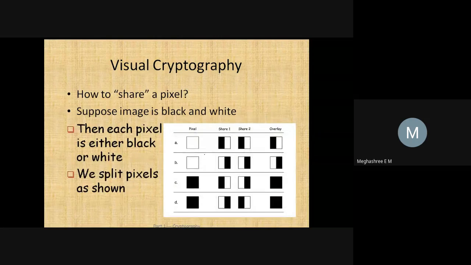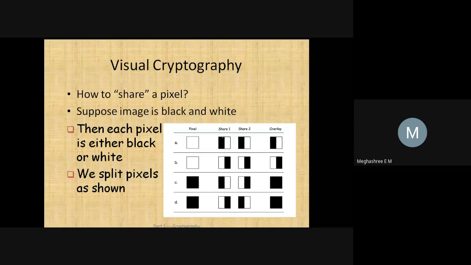Okay, so consider this example, which is an example for visual cryptography. Here you can see this is a pixel. This pixel is divided, and there are two shares of this pixel, share 1 and share 2.